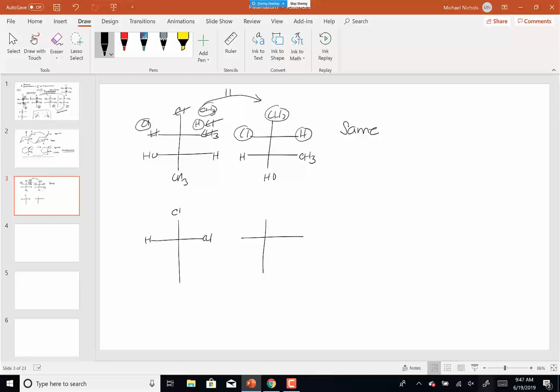Hold on, let me write it out, and then you can tell me what you did. Okay, what'd you do? Okay, so you determined R and S. Okay, so you did R and S, which will work, but not all the time.